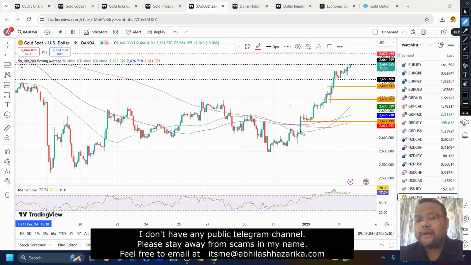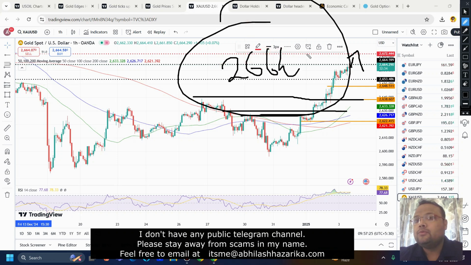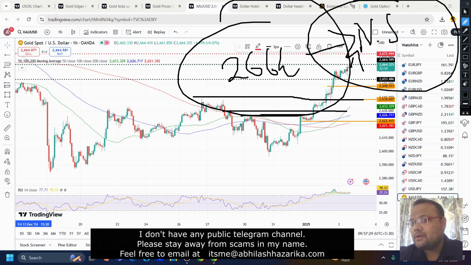One more thing I would like to add here is that the price action is doing a fine job. You can see the previous resistances are working as beautiful supports. So in case the market breaks this area also, suppose the market goes up like this, next time when gold comes down, 2664 will be the new support, and you can look for a buy around this as well.